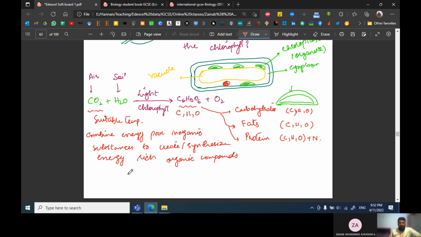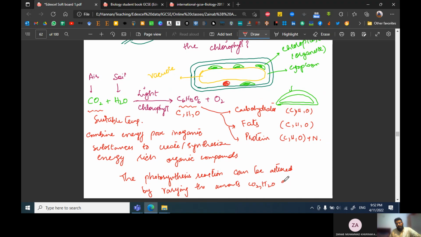This reaction, let me write it down. The photosynthesis reaction can be altered by varying the amounts of CO2, water, and temperature.